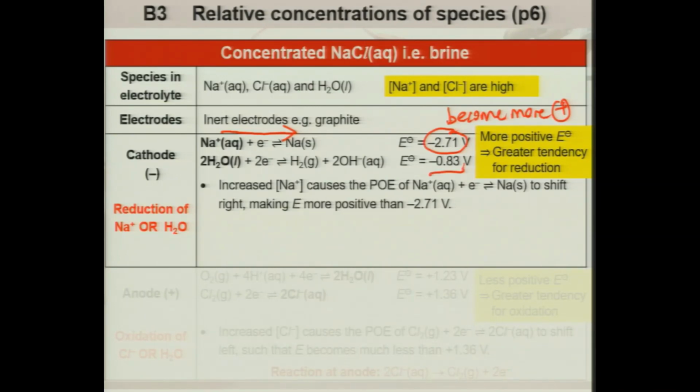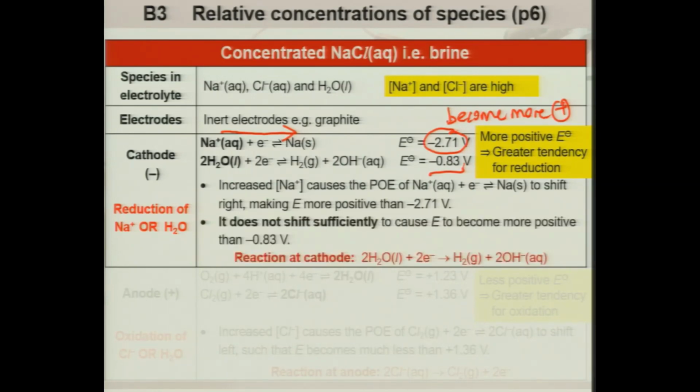I will make that value more positive, but it cannot become more positive than minus 0.83, which is why the reduction that happens at the cathode is still the reduction of water. Got it? Okay, never mind.